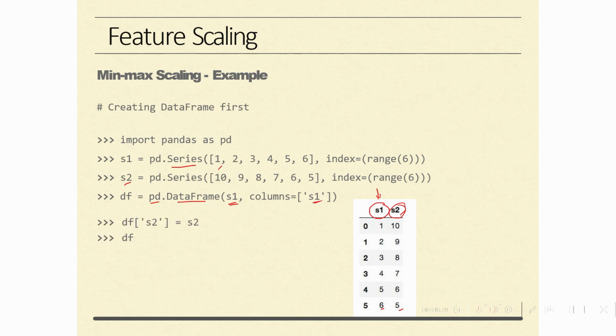Then we add one more column to our data frame, df of S2 equals S2. We already created the series S1 and S2, and those series are added to the data frame. If you display the data frame, it will display the data like this. On this data set, we are going to apply min-max scaling.